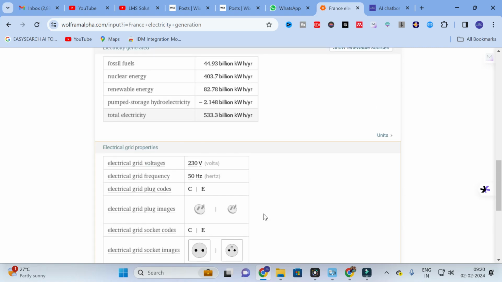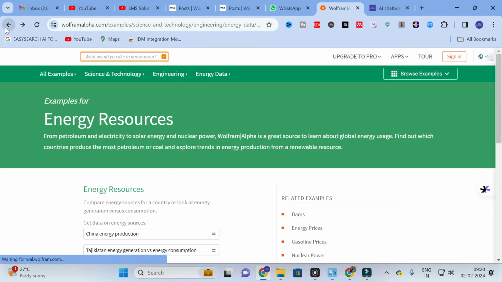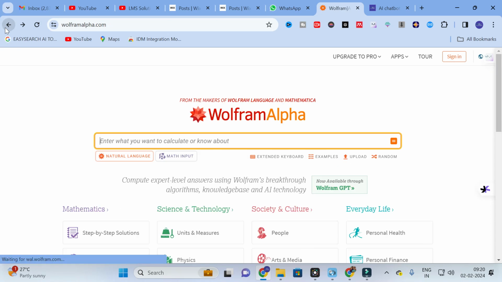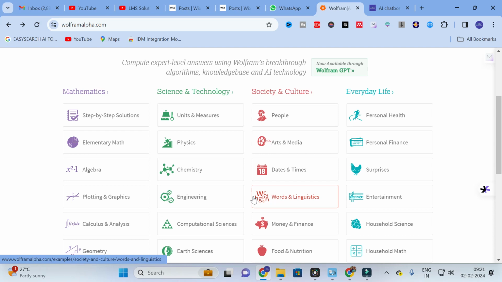And also you can see the grid electricity property, so grid voltages, grid frequency, etc. So like that you can have enormous amount of data in this Wolframalpha. So this tool is especially for students who are interested in analyzing data or to know about particular data, and also it will be very useful for researchers and also educators, that is teachers. So you can make use of this option.